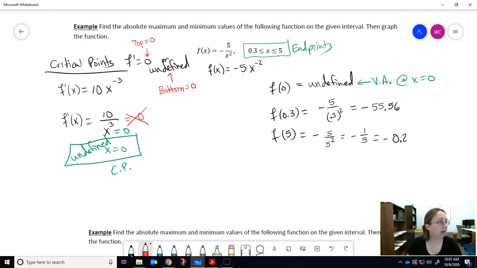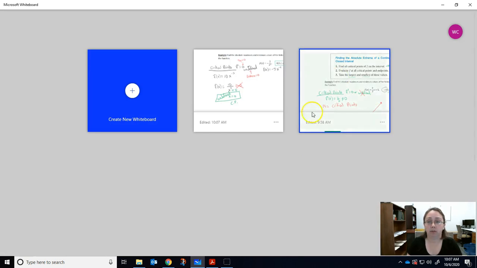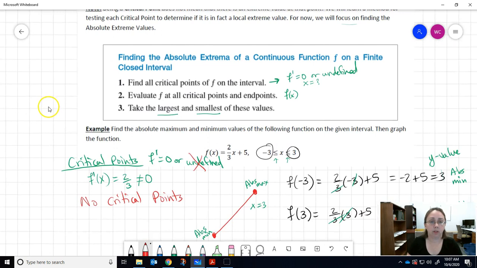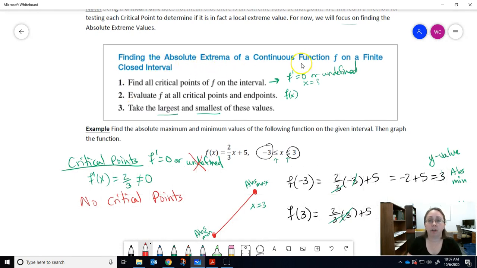Well, let's go back to our rules for finding the absolute max and min, and then we'll talk about this. So if I go back over here, finding the absolute extrema of a continuous function f on a finite closed interval. All right, something that we just found breaks our rules here.